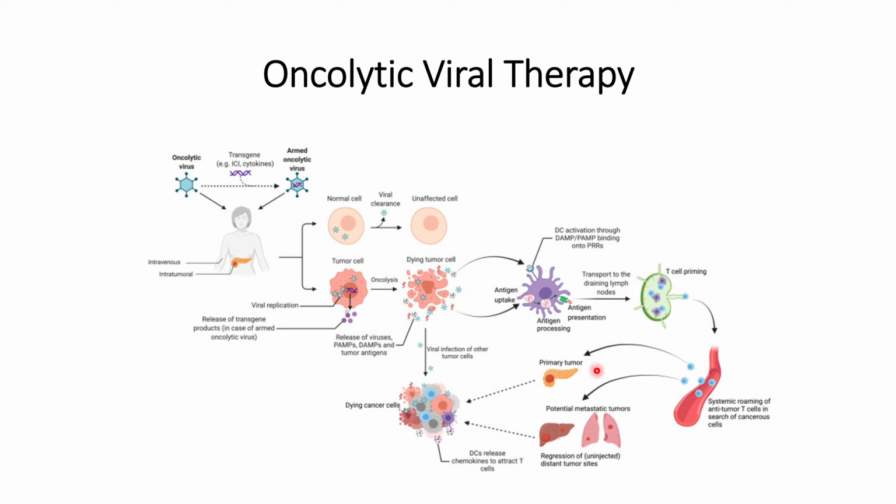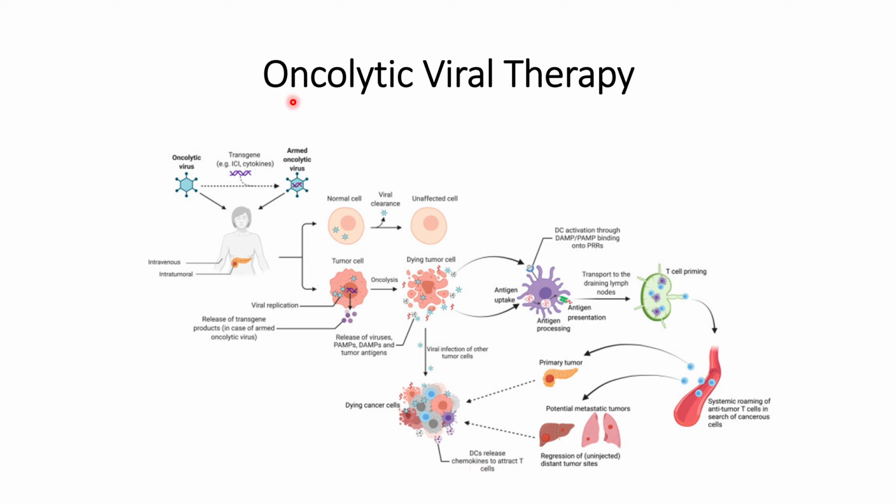These T cells will then be transported towards the primary tumor in the pancreas, and also to potential metastatic tumor locations such as the liver or lungs. Thereby the immune system of the host will get trained to attack the tumor cells found across the body that are generated by the pancreatic tumor cells, since all of them have the same epitopes.